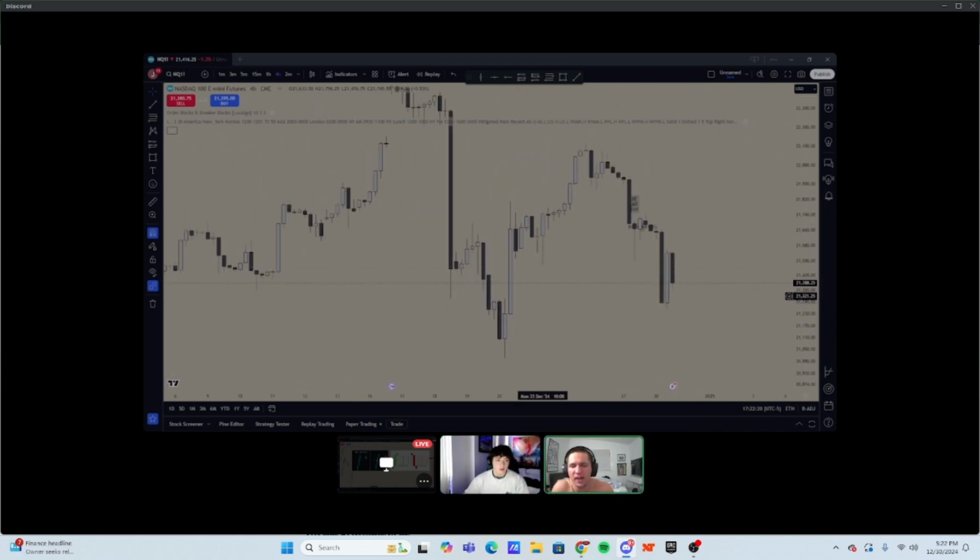Also, with fair value gaps, they can really be powerful on any time frame, but the higher the time frame, the more effective they can be for predicting the direction of the stock market. For example, on Jake's chart, he's got the 4 hour right now, and he can draw this box here, this fair value gap. And as you can see, we come back just like the farmer with the bananas, and we respect the 4 hour fair value gap.